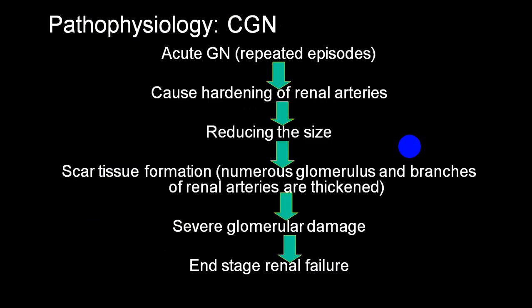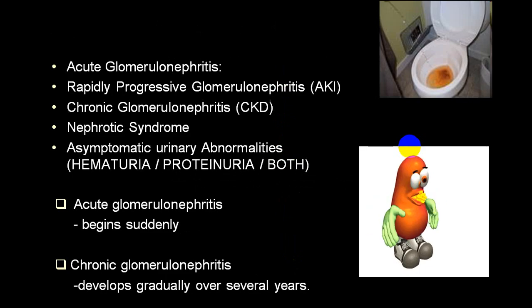Chronic glomerulonephritis is because of acute glomerulonephritis which has repeated episodes. Because of repeated episodes, there is hardening of the renal arteries and a reduction in the size of the kidney. There is scarring, which usually affects part of the kidney with severe glomerular damage, and later on it goes into end-stage renal failure.